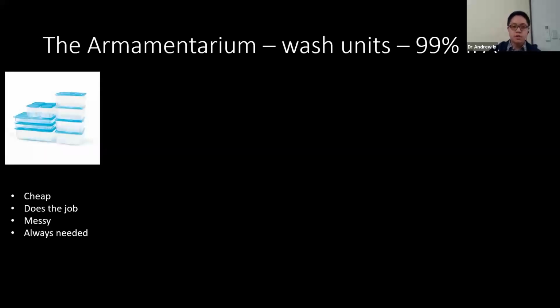It's cheap and it does the job. It is messy, but you will always need some Tupperware filled with IPA, especially for your pre-rinse. You'll always need some clear containers with alcohol in them.